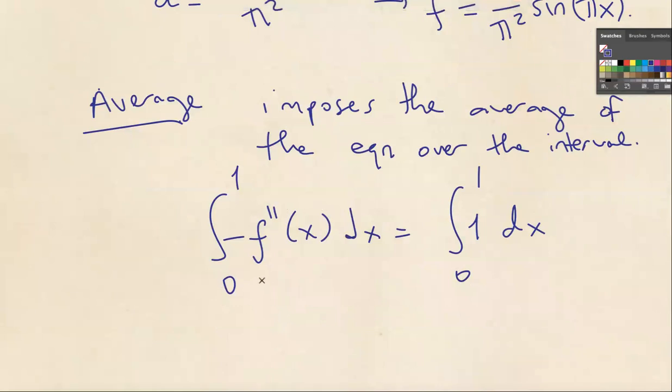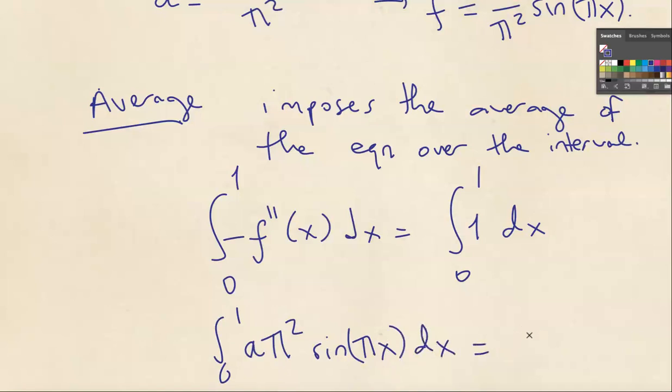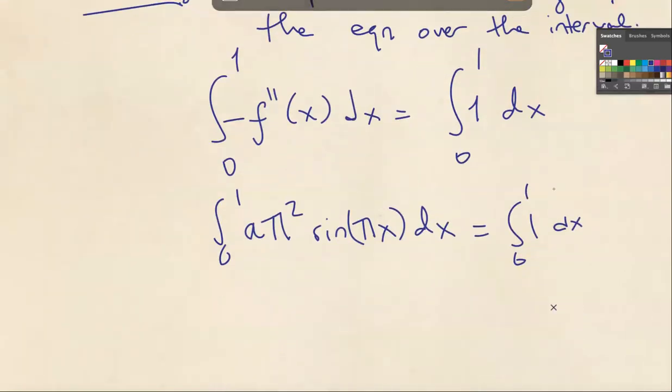So now I have the integral from 0 to 1 of negative a times pi squared times sine pi x dx is equal to the integral of 1 dx, from 0 to 1. So what is the result? This is the x. What is the integral of this?